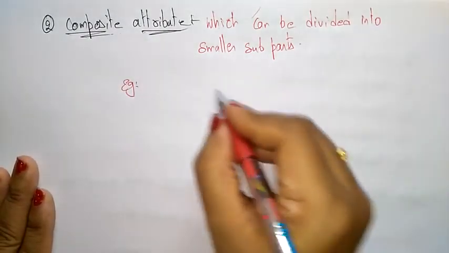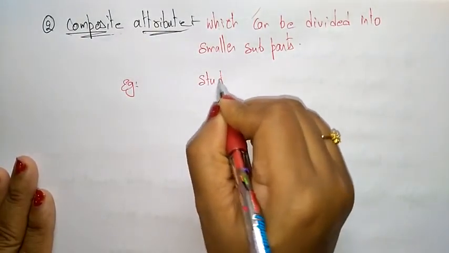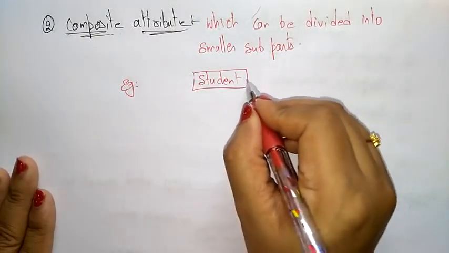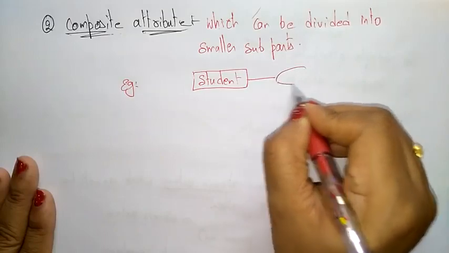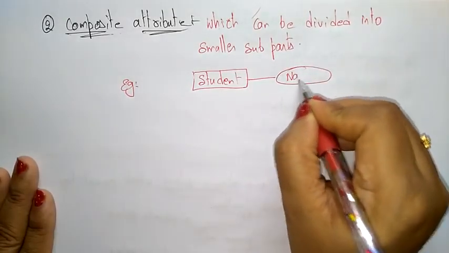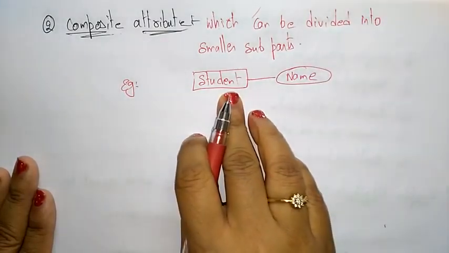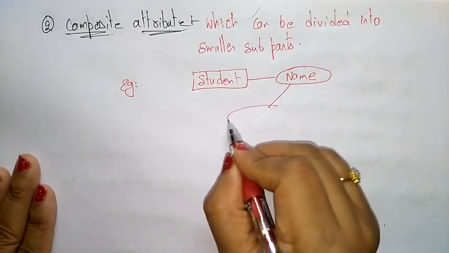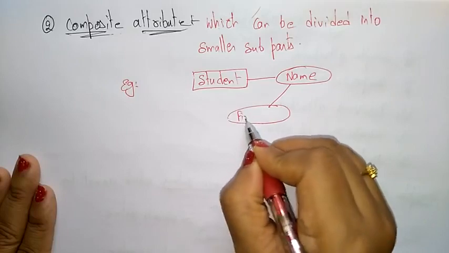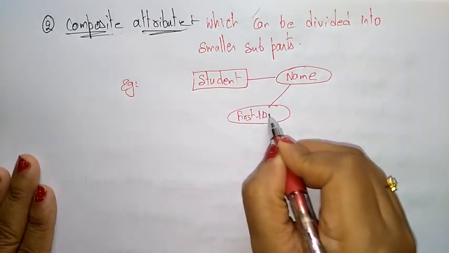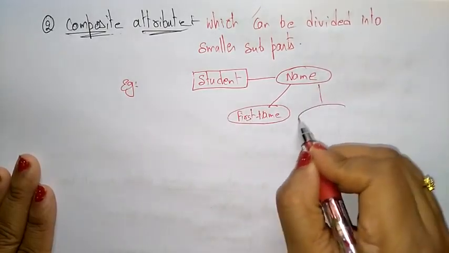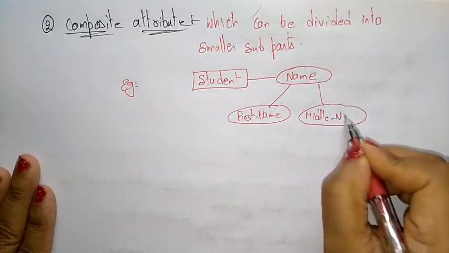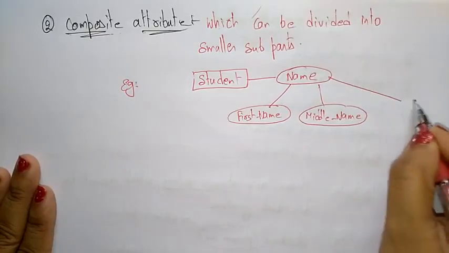Example for this: suppose a student is an entity. A student has a name. So name is an attribute of the student entity. This name is further divided into smaller subparts, that is the first name, middle name, and the last name.